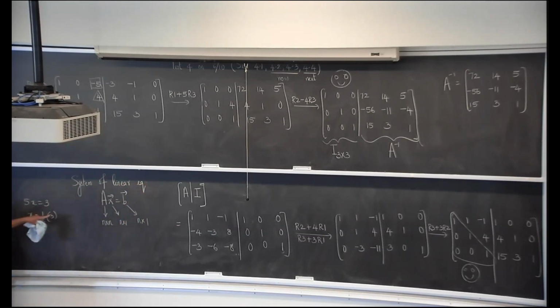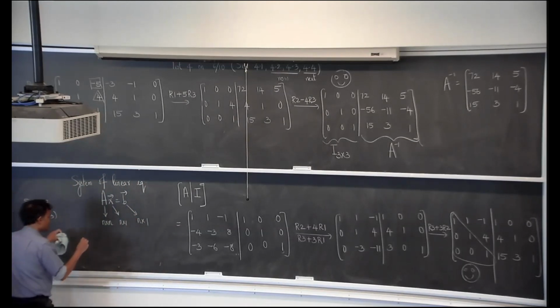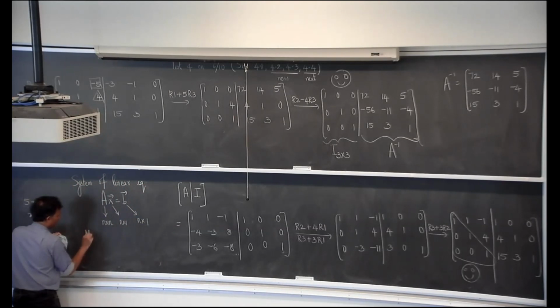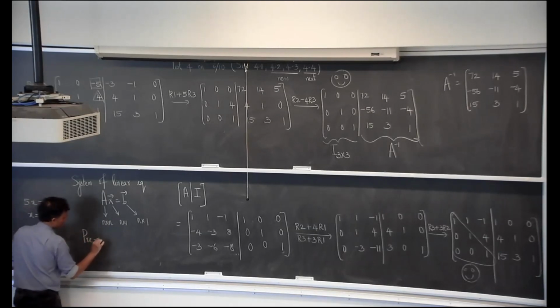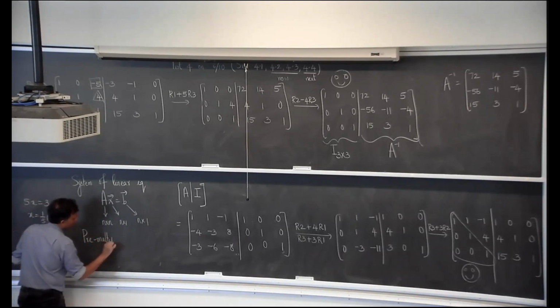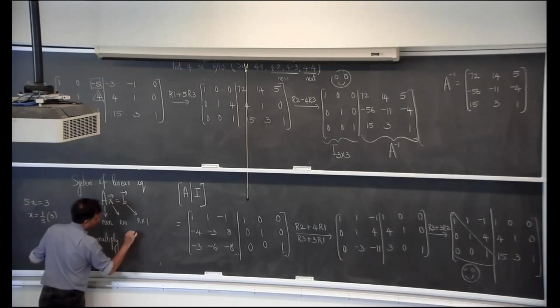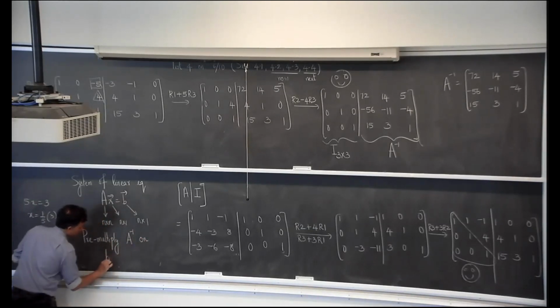Can we do something similar there? Just like you divided this 5 on both sides, can you, quote unquote, divide A on both sides? The answer is yes. Just pre-multiply A inverse on both sides, because the order of operation matters here.